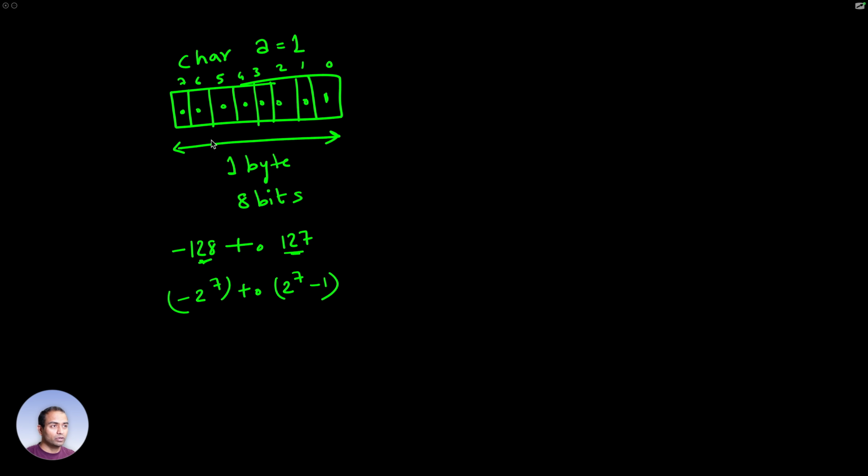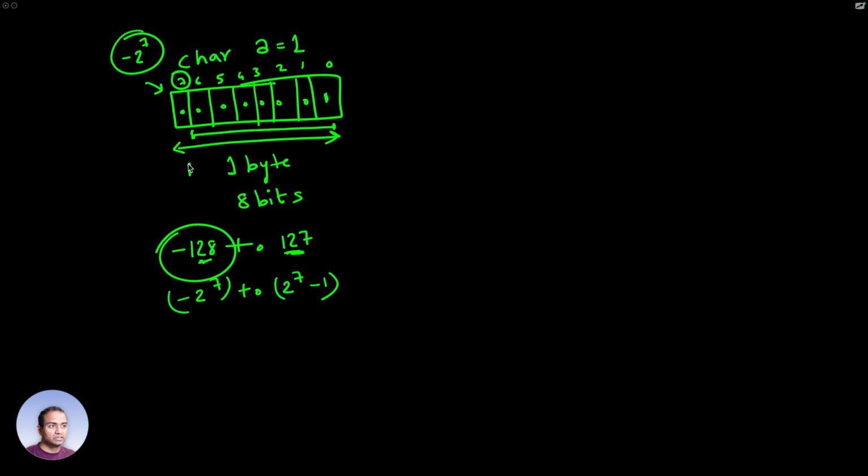Now the interesting point is, to represent the number 127, we only need these 7 bits, 0 up to the 6th bit, which is 0th bit, 1st bit, 2nd, 3rd, 4th, 5th, 6th. The way the negative numbers are stored is that the 7th bit here has the place value of negative 2 to the 7.